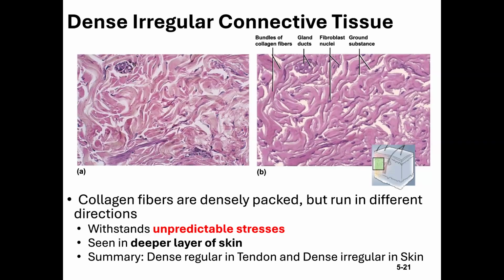So it can withstand stresses like a Velcro. This is what you're going to see under the microscope: collagen fibers going in random, different directions. Good for withstanding unpredictable stress.